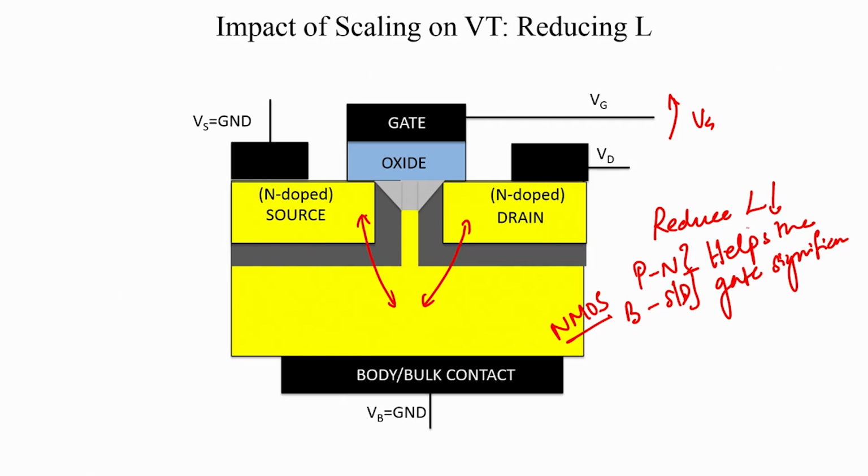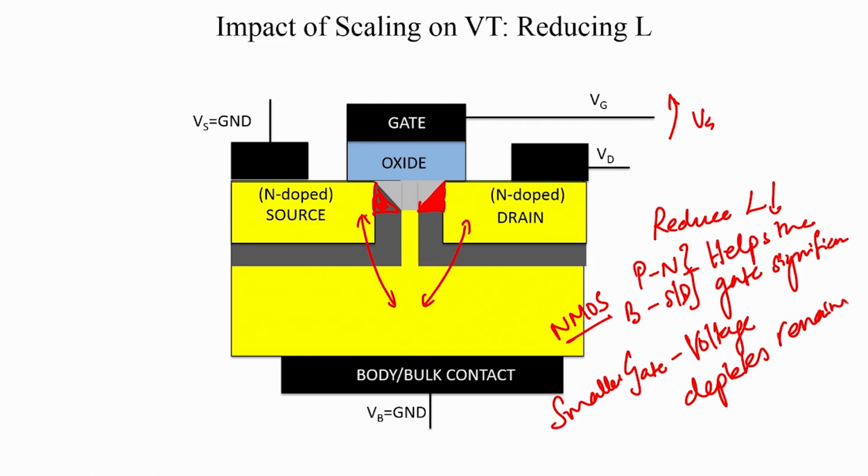and it performs half of the workload, it helps the gate deplete a lot of the semiconductor, and therefore a smaller gate voltage depletes the remainder portion of the semiconductor and takes the semiconductor to threshold, and threshold voltage is reached faster.